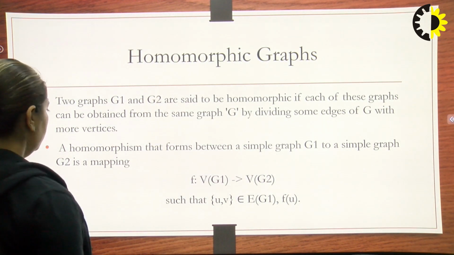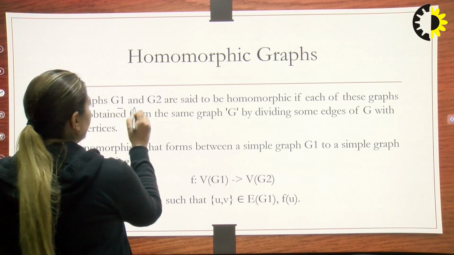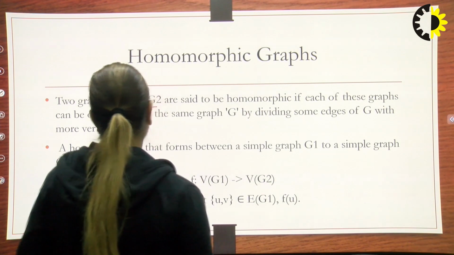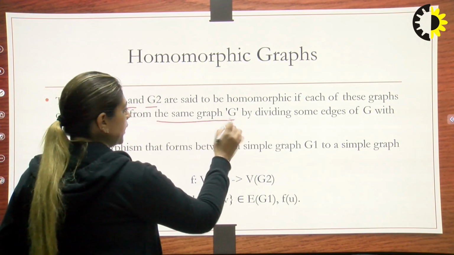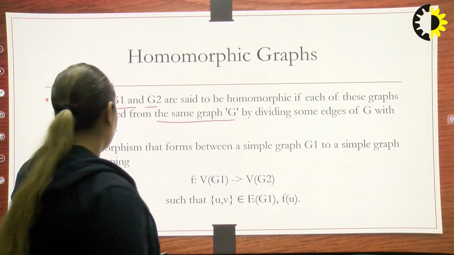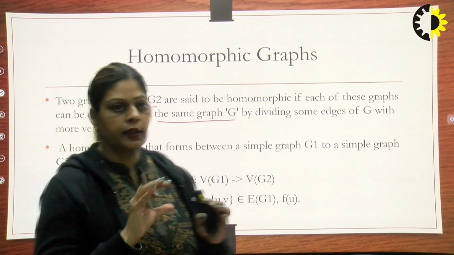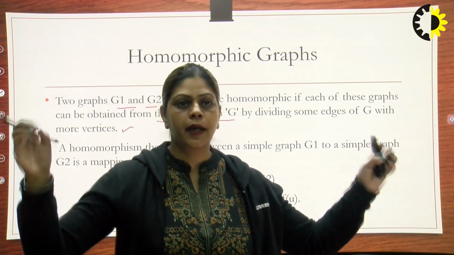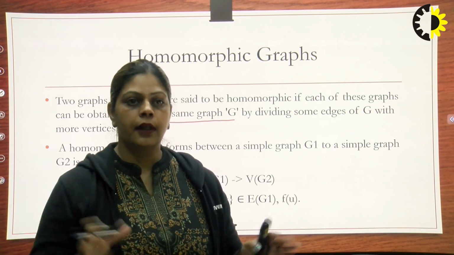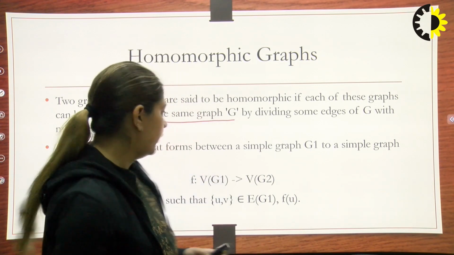Now comes the homomorphic graphs. Two graphs G1 and G2 are said to be homomorphic if each of these graphs can be obtained from the same graph G by dividing some of the edges, with more vertices, right? It means there's a small graph, we can extend that graph by adding vertices and edges to it, or we can decrease that graph by decreasing the vertices and edges, right?